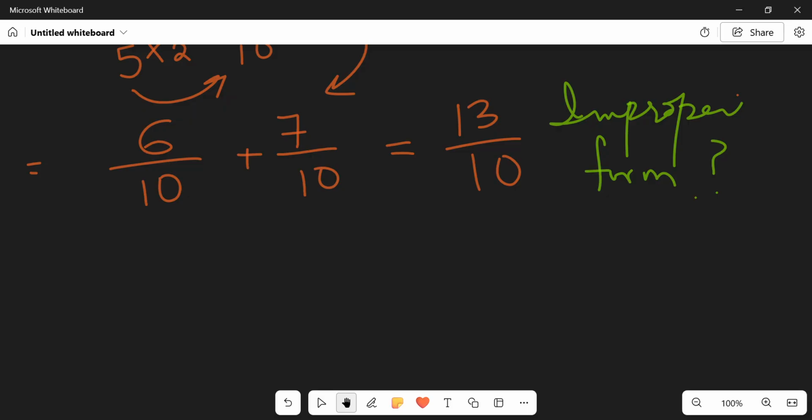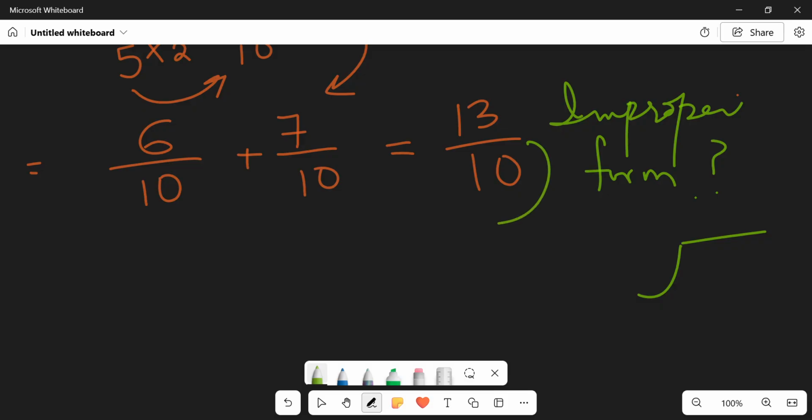So in this case, what we need to do? You need to bring the answer in the mixed number form, right? How you need to bring the answer in a mixed number form? See, this 10 will come outside of the division, and 13 will come inside. So 10 times 1, 10. Okay, now when we subtract, I know that students, you know the division sums, right? 13 minus 10 gives you 3.